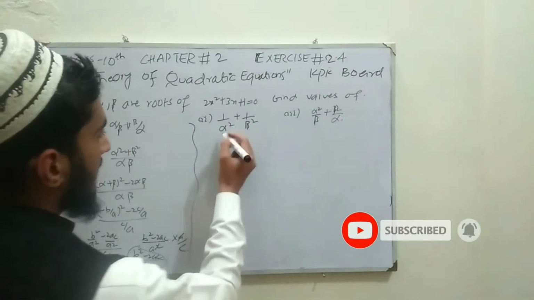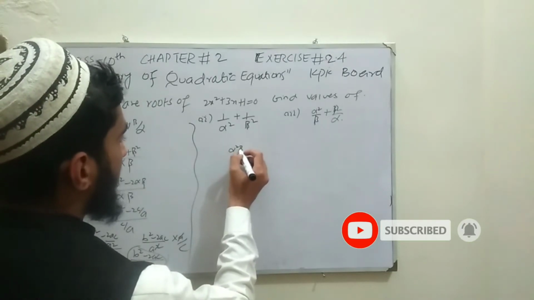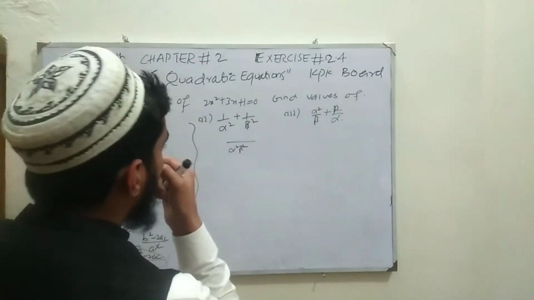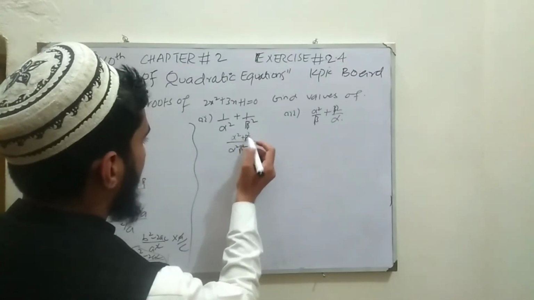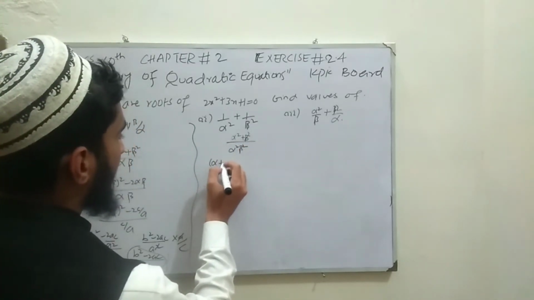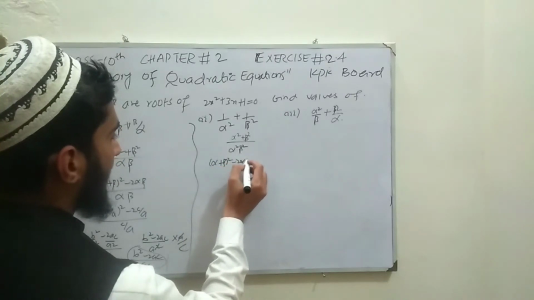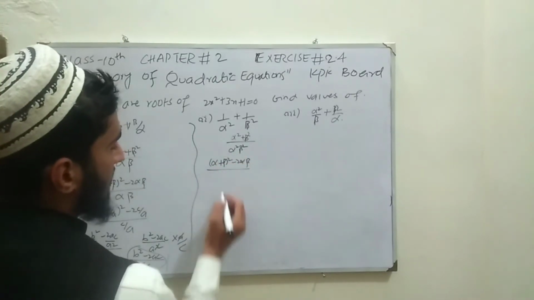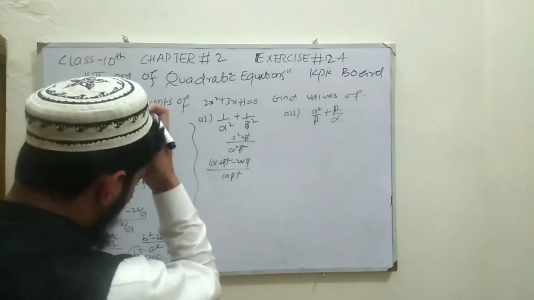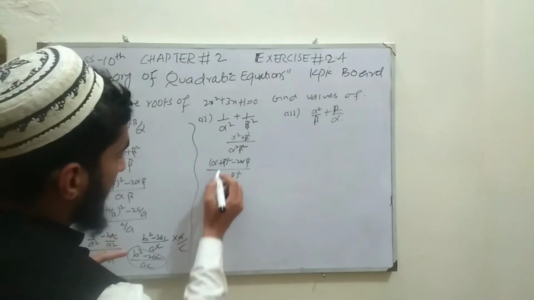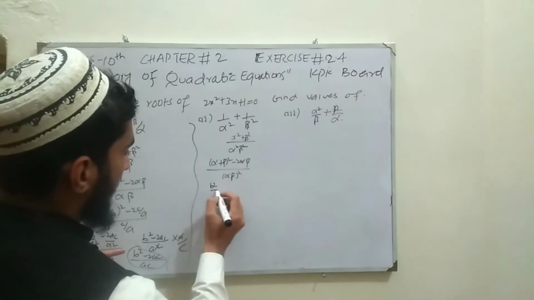Solving part 2, taking LCM alpha square beta square, above we are left with alpha square plus beta square. Alpha square plus beta square can be written as alpha plus beta whole square minus 2 alpha beta, and alpha square times beta square can be written as alpha beta whole square. Alpha plus beta is minus b over a, so minus b over a whole square gives b square over a square.